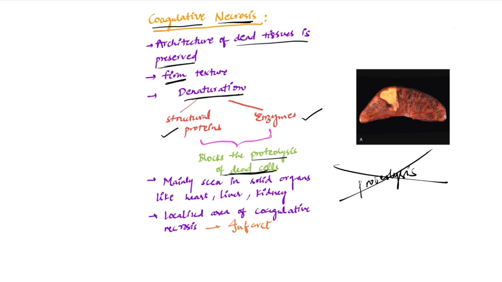Okay, so where is this coagulative necrosis generally seen? It is mainly seen in the solid organs like heart, liver and kidney. But it is not seen in brain. You have to remember this.